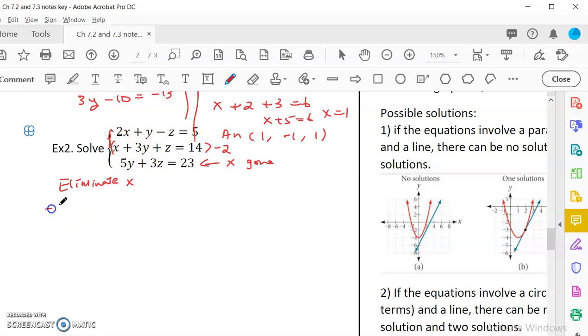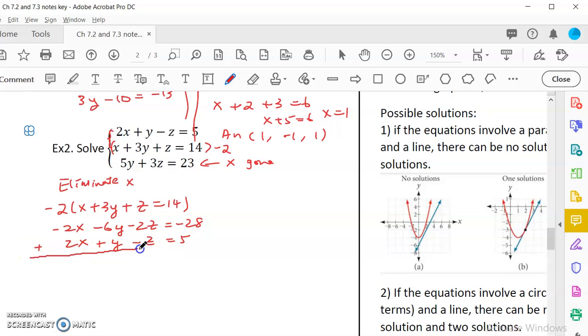So let's say -2 times x plus 3y plus z equal to 14. So this becomes -2x minus 6y minus 2z equal to -28. And I'm going to add it to equation 1, 2x plus y minus z equal to 5.